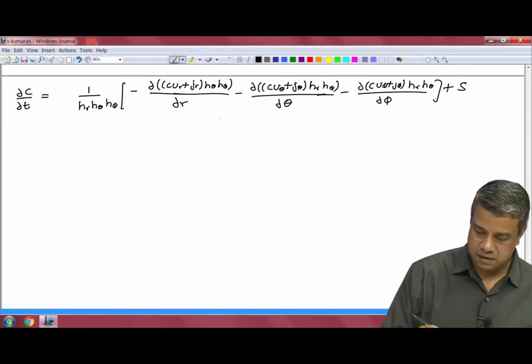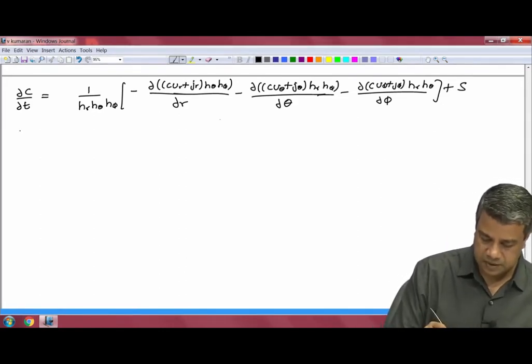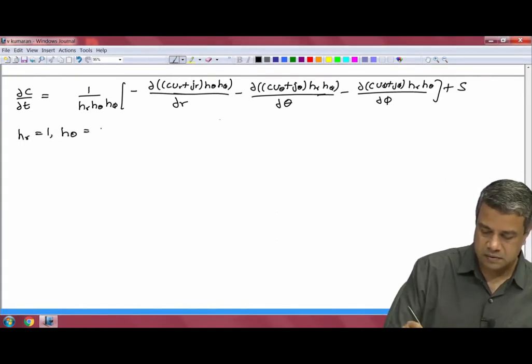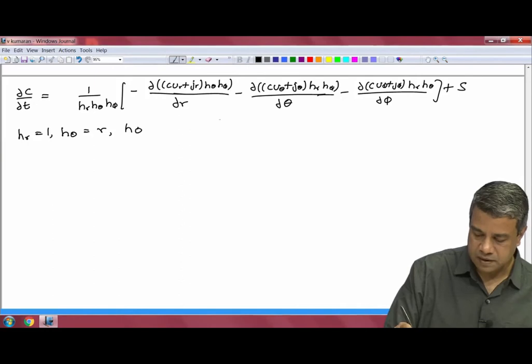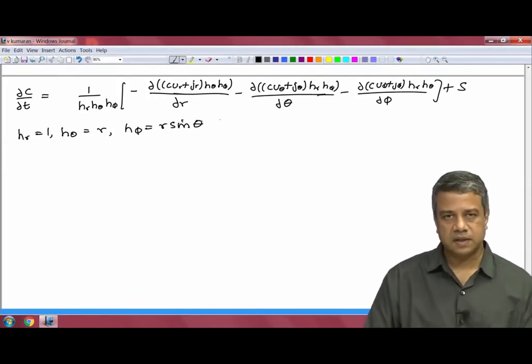Now, I can substitute h r is equal to 1, h theta is equal to r, h phi is equal to r sin theta, for the 3 scale factors.